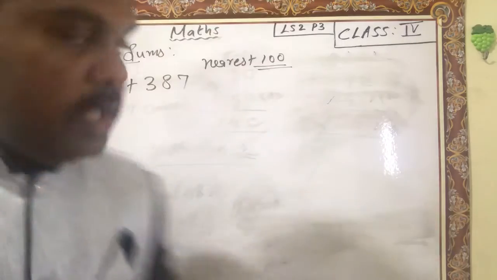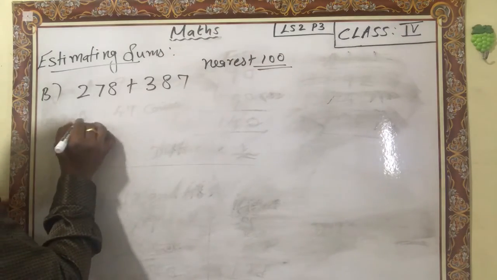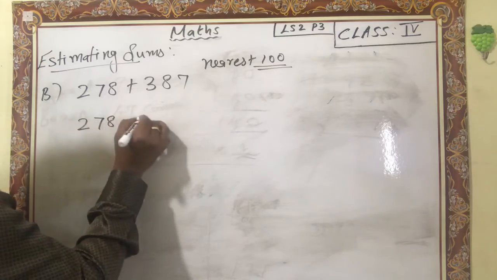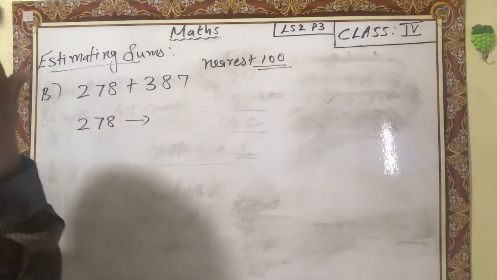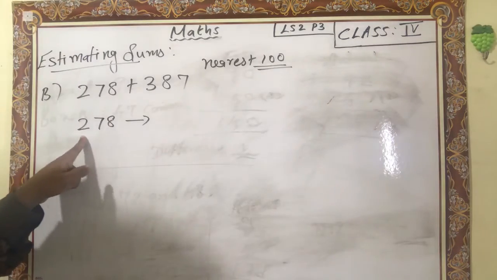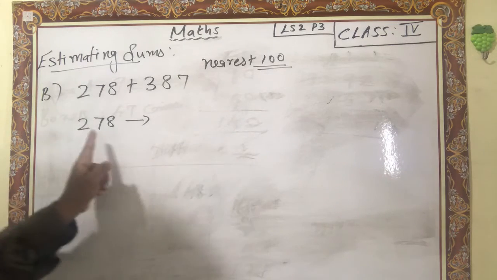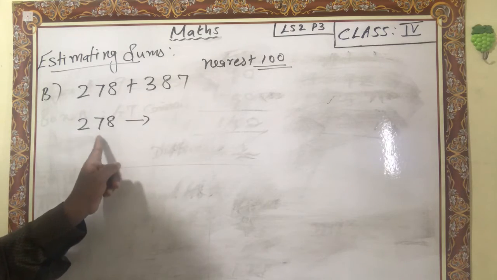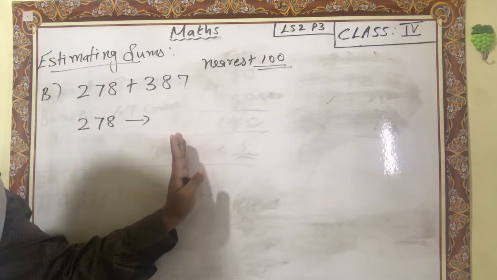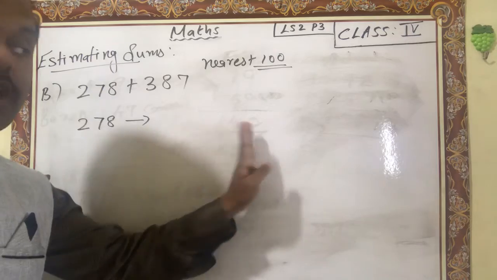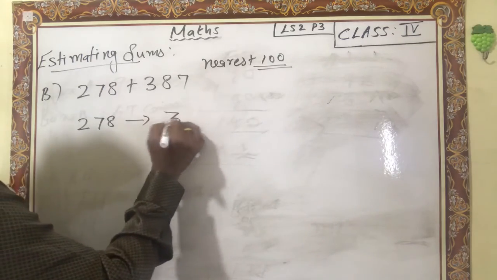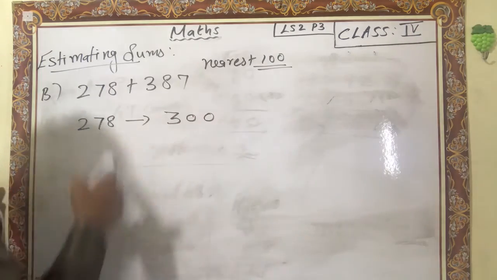See, nearest 100, 278. What will be the nearest 100? The answer will be 200 or 300. 278 is more than the half. 250 is the mid number, so it is more than the mid number. So 300 is the nearest 100.